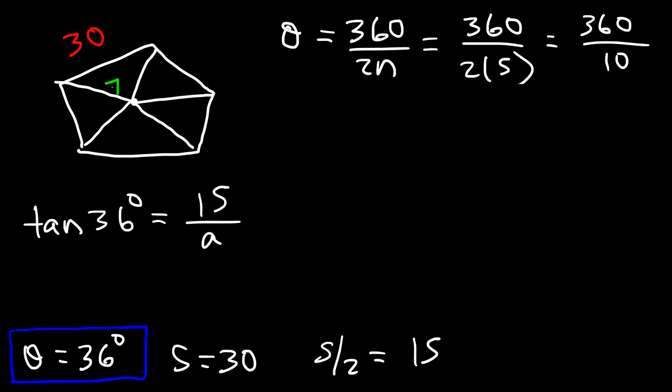So each of these angles is 72 degrees. Now, if we split this triangle into two parts, that's going to be 72 divided by 2. And so that's how you can get 36, if you want to do it that way. But I think it's just easier to divide by 2n. So if you have a 5-sided figure, just divide 360 by 10, and you can get that angle. So here's the apothem, and here's the radius of the figure.